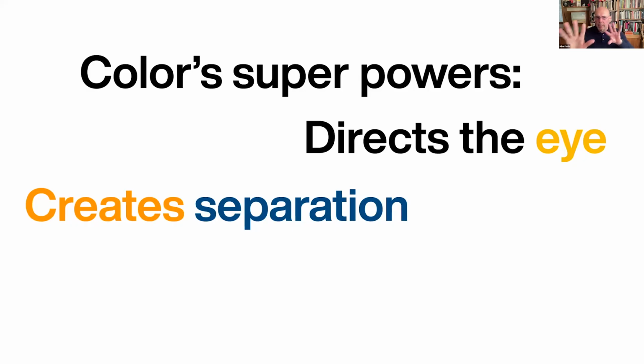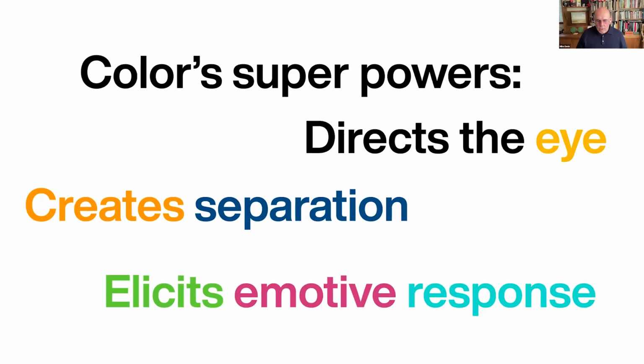It was the orange against the blue. The orange came out from the scene and the blue receded. It can also elicit an emotive response. The chaos or the warmth or the coolness or the whatever dynamics of color creates a mood that people feel when they look at the photograph.